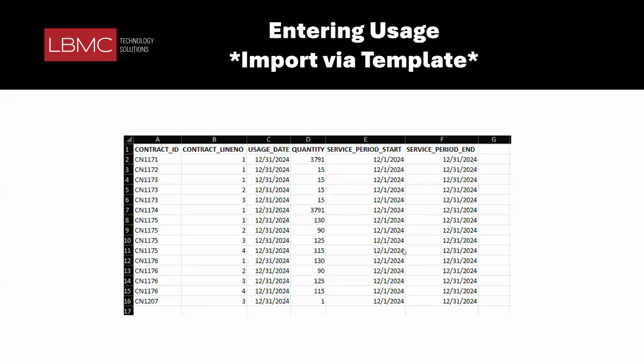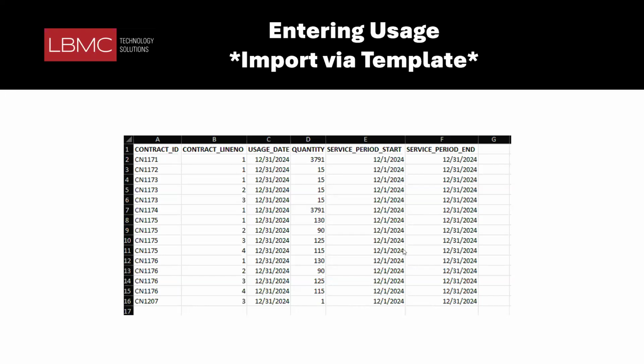All right, now the one that I typically see used the most is entering usage via a template that they can import into the system. If you know anything about templates and importing in Intact, Intact allows you to import into so many areas in the system, and contract usage is the same.